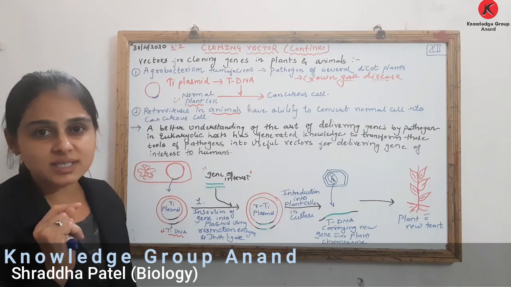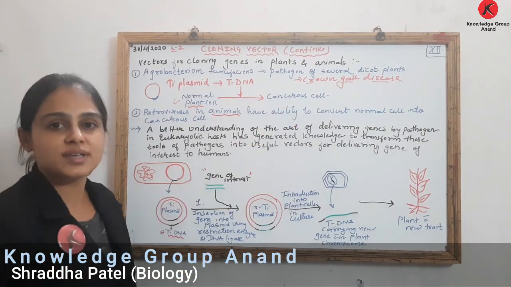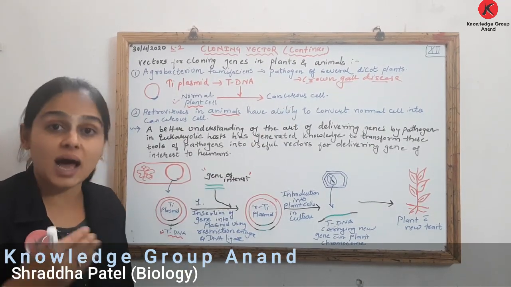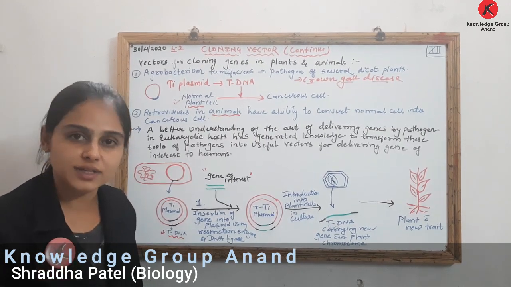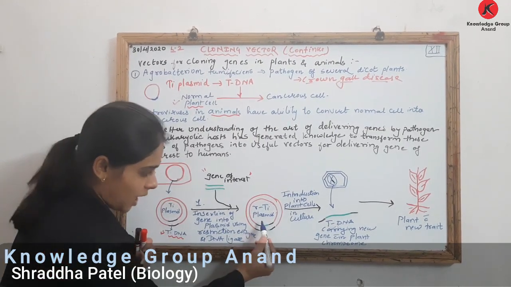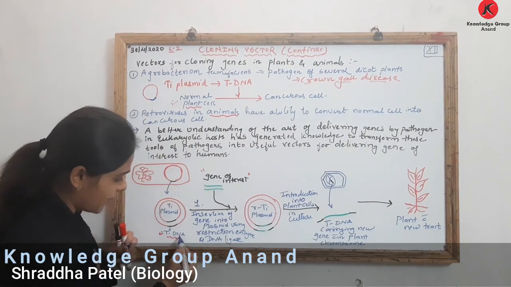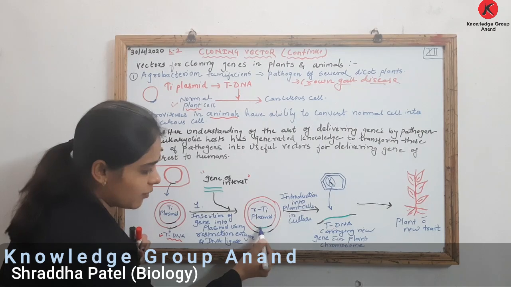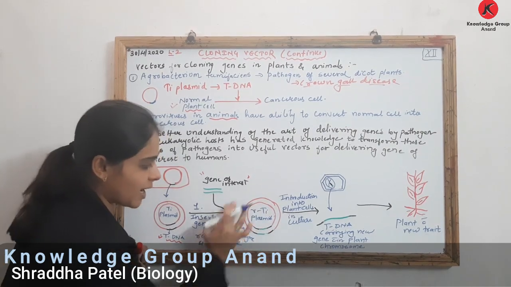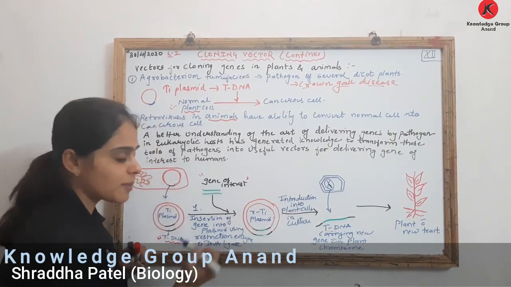So now this tDNA does not cause cancer in plant cell, rather it delivers our gene of interest. Once again, where the tDNA is, we used a restriction enzyme and added our gene of interest. So your recombinant Ti plasmid is ready.